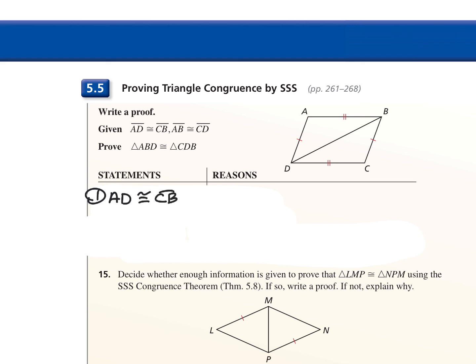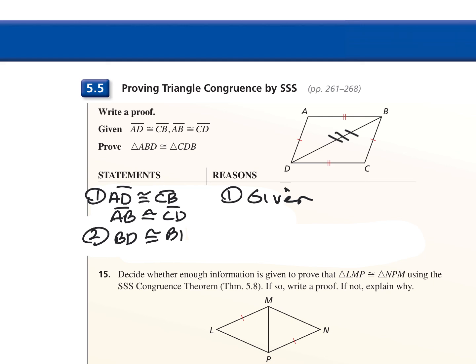It's worth points. AB congruent to CD. And it's given. Next thing we need to do, if we want side, side, side, show the reflexive. So next statement would be that BD is congruent to BD. Reflexive.